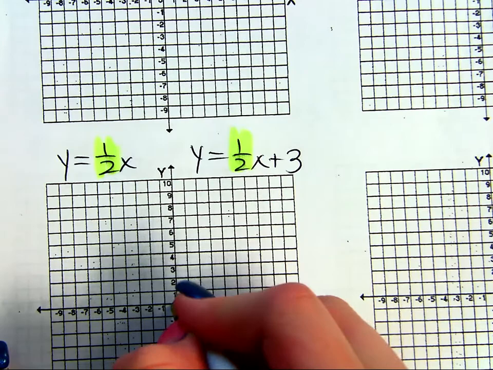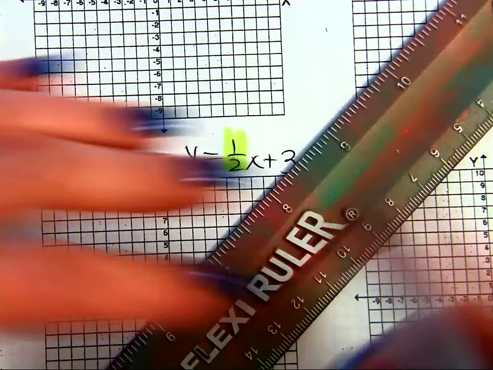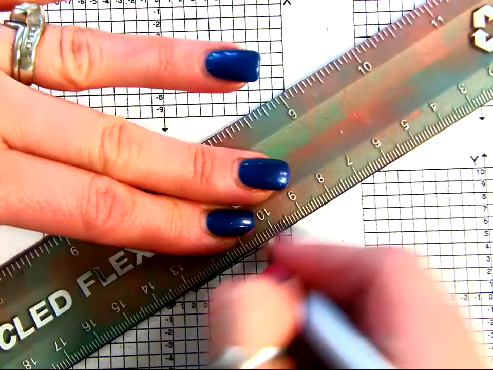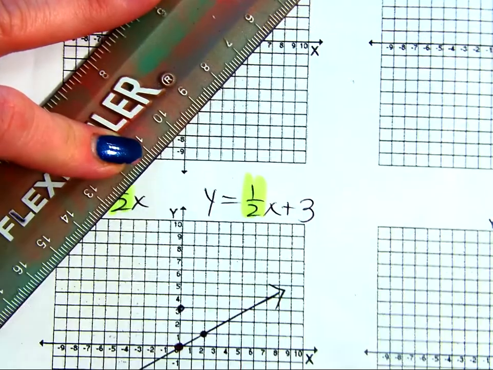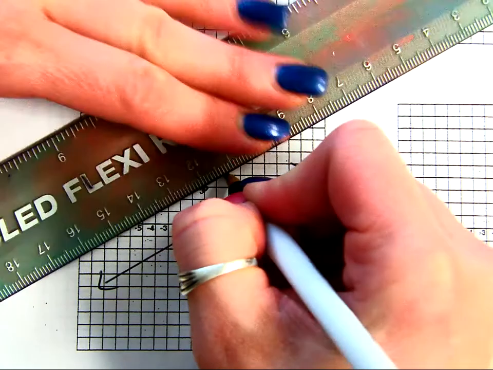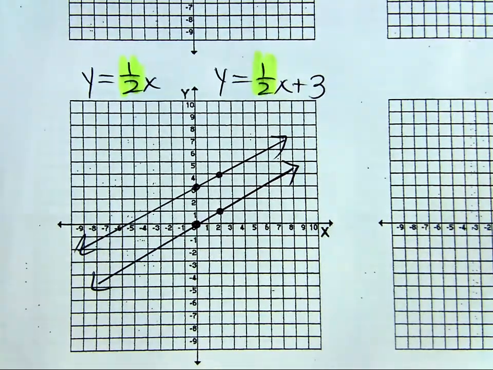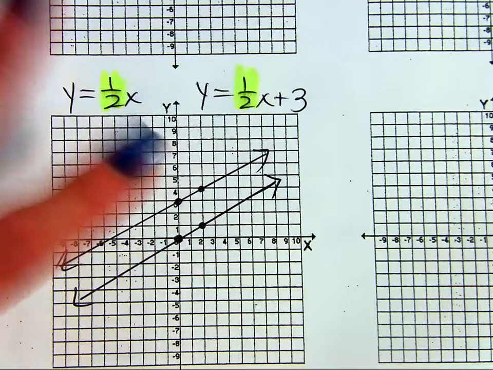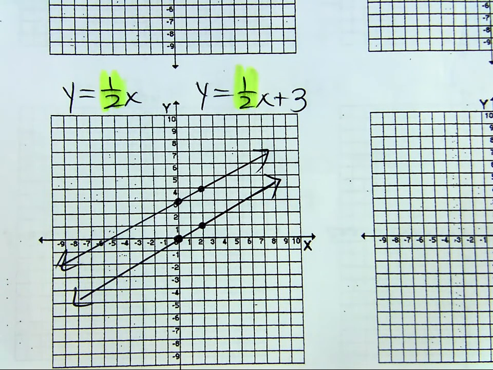So this is the up 1 over 2, and then this is the plus 3, but still up 1 over 2, right? They might look like they meet because of the way my ruler was held, but 1/2 x, 1/2 x, they're parallel. Easy, okay?